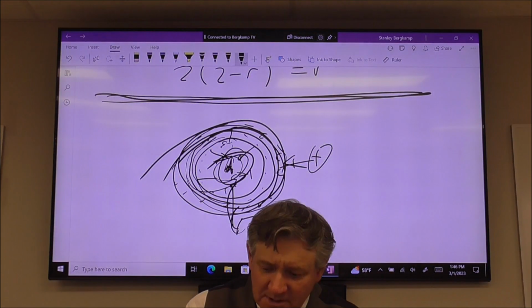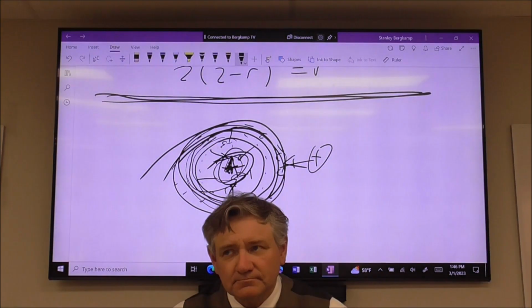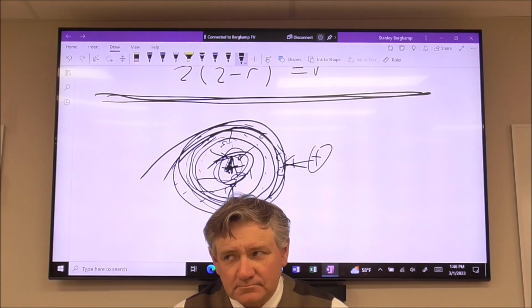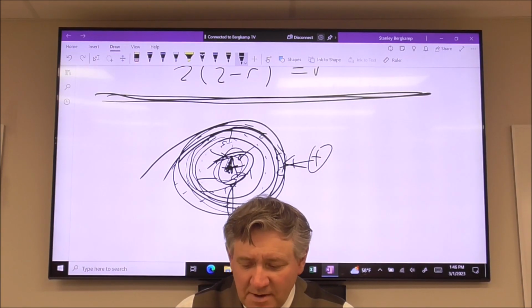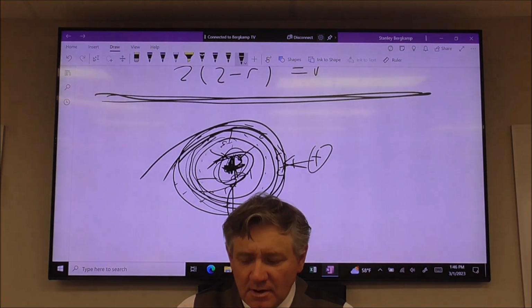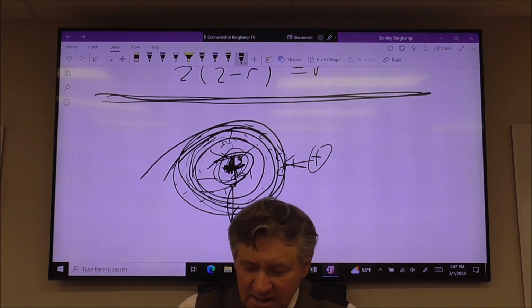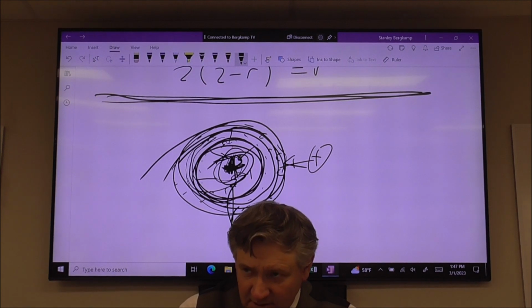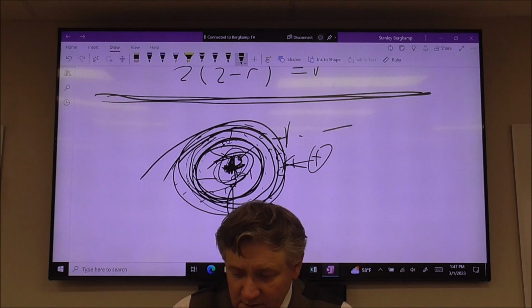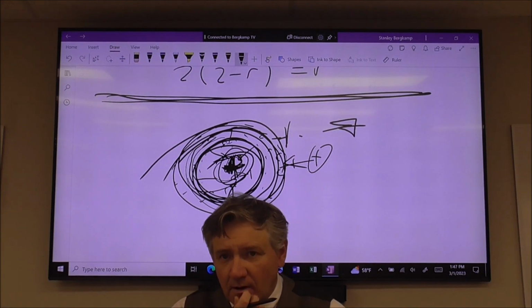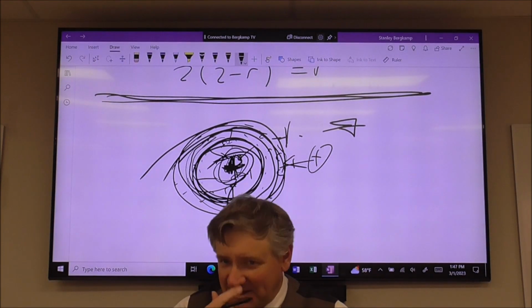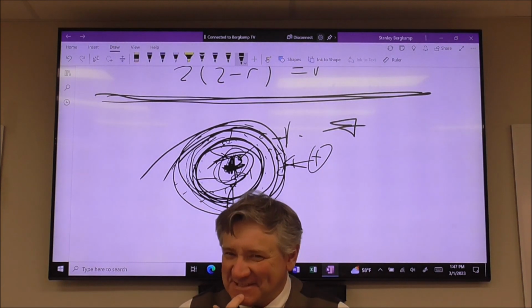Now, if I put a proton in the middle, the electrons are going to move so the inside becomes negatively charged, leaving the outside positive, and then the field would be outward, repelling.